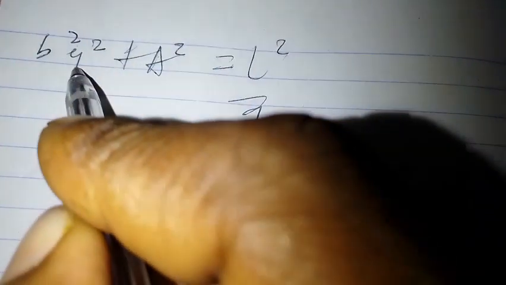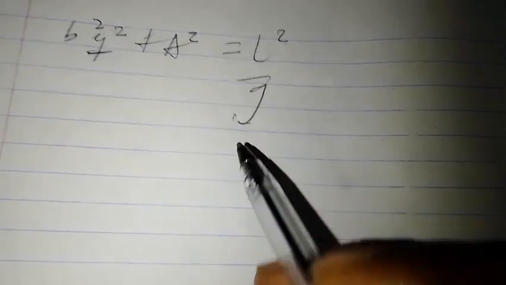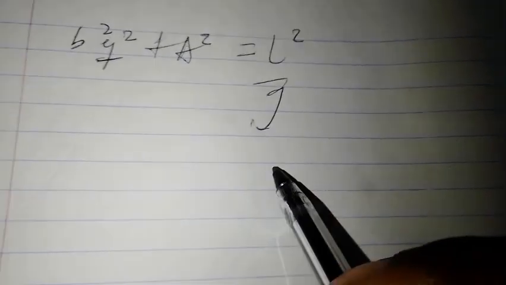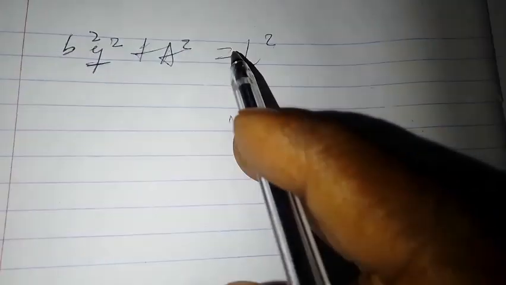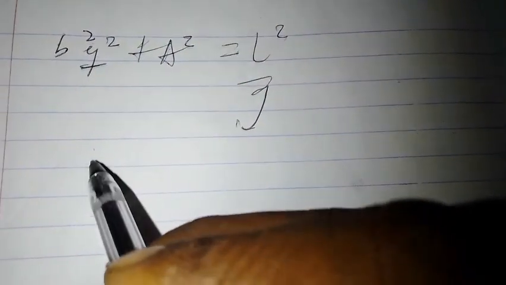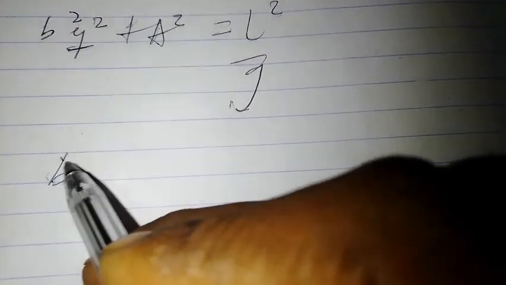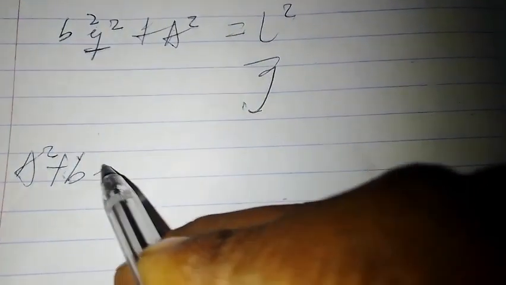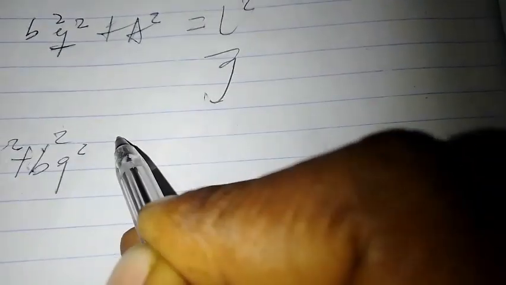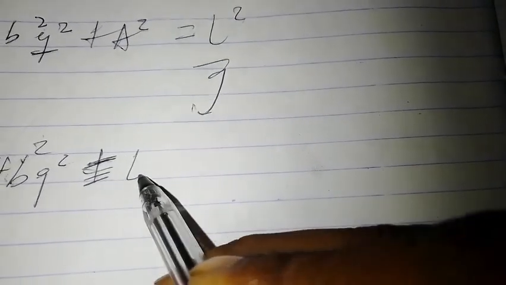So this is Q, not G. Q, sorry, Q. This is G. Good. So the plus sign is supposed to be here and A is supposed to be at the back. So let me rewrite it well. It skipped me. So it's plus A squared, this is the right thing, equals L squared over G.